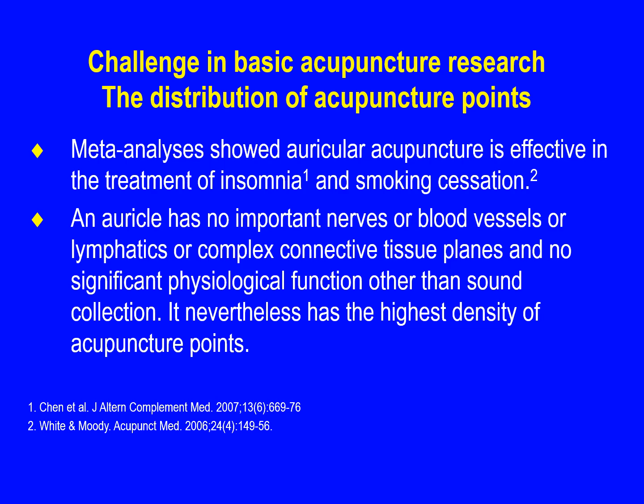The auricle, that is the external ear, has no important nerves or blood vessels or lymphatics or complex connective tissue planes, and no significant physiological function other than sound collection. It nevertheless has the highest density of acupuncture points.